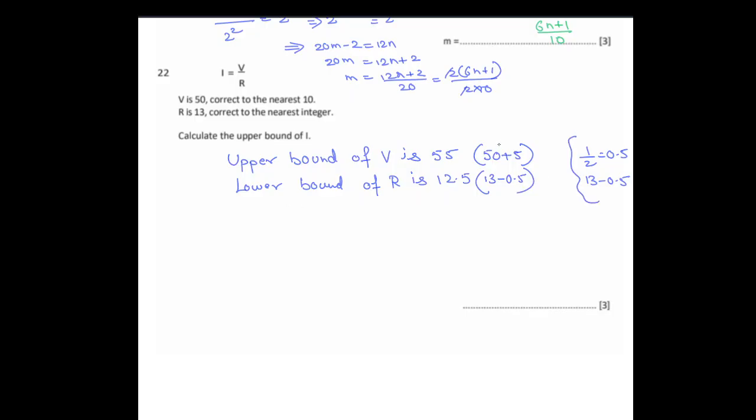Okay, so we got these two values now. Find the upper bound of I: 55 by 12.5. What is the answer?